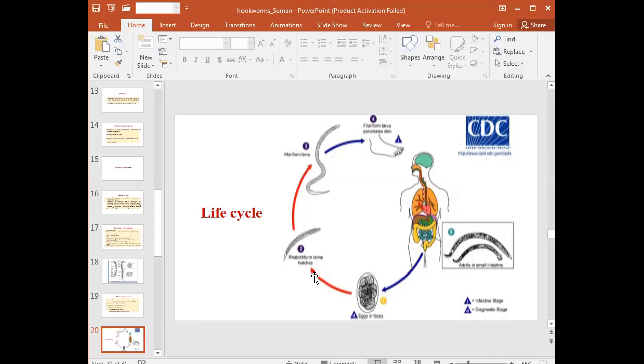When they are swallowed, the larvae reach the jejunum part of the small intestine. They stay at the distal jejunum, where they reside and mature into adults in the lumen of the small intestine. They attach or adhere to the intestinal wall, and then the individual will experience blood loss.